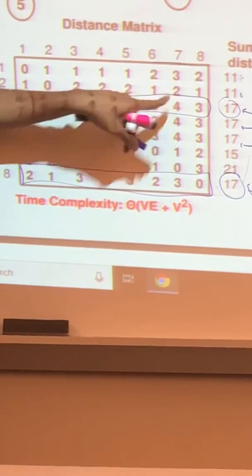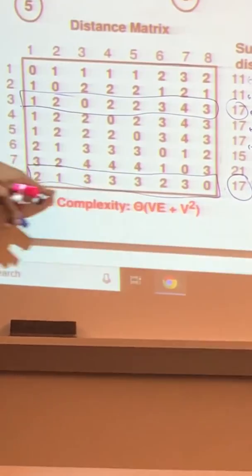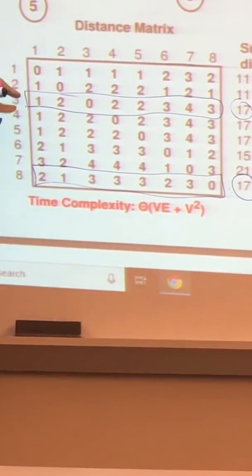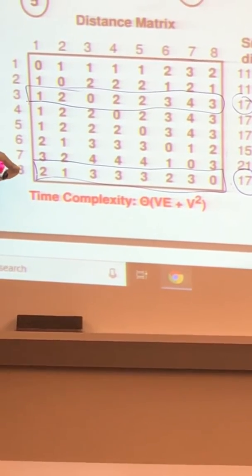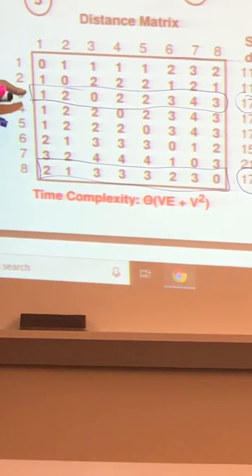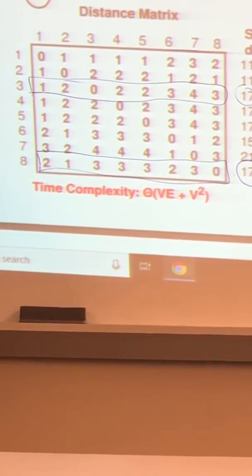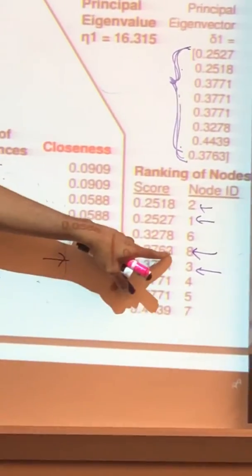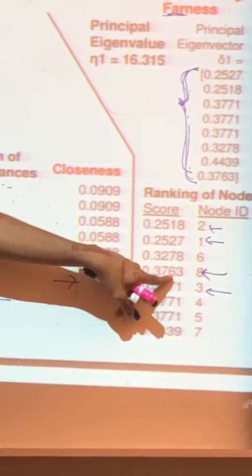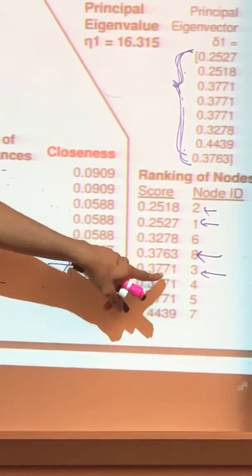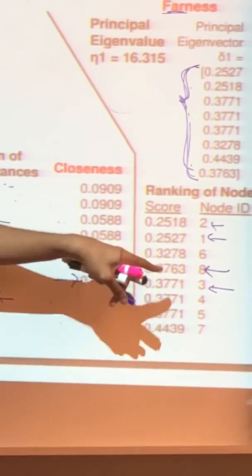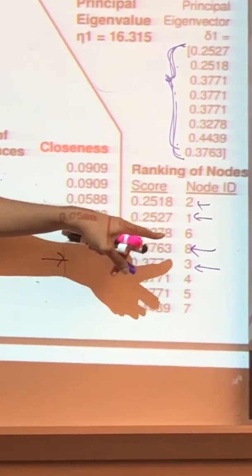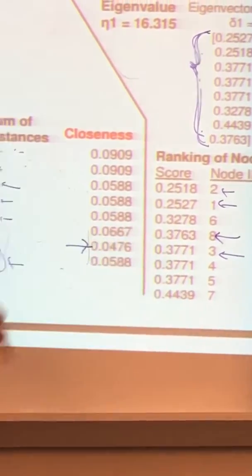But here there is one entry with 4 as the distance, whereas there's no entry with 4 for the other. At that level of precision, vertex 8 is closer to the other vertices compared to vertex 3. How can that be captured? By computing the principal eigenvector of the distance matrix. At this decimal precision, vertex 8 has a smaller value compared to vertex 3.